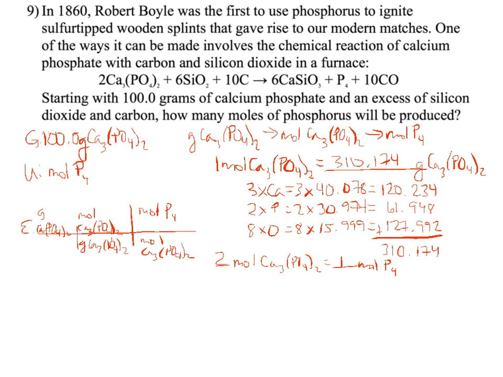Okay, so substituting in our numbers, we have 100.0 grams of the calcium phosphate. It's always 1 mole per molar mass.